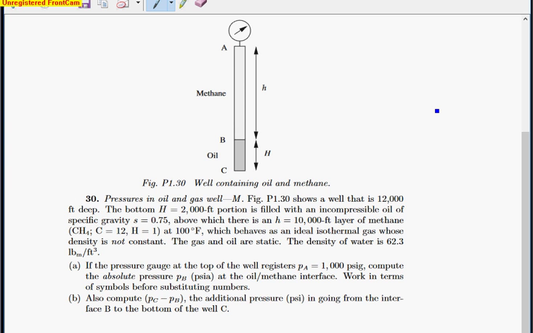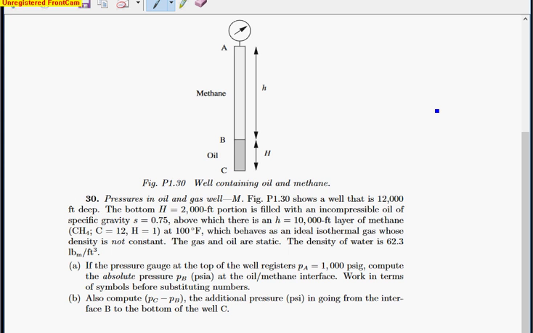So we have an oil and gas well. We're given the height of oil and methane, and we're told that the oil is incompressible, the entire system is isothermal, so the temperature is going to be constant throughout the entire system. And then we're told that the methane behaves ideally, so we're going to have to use that information.